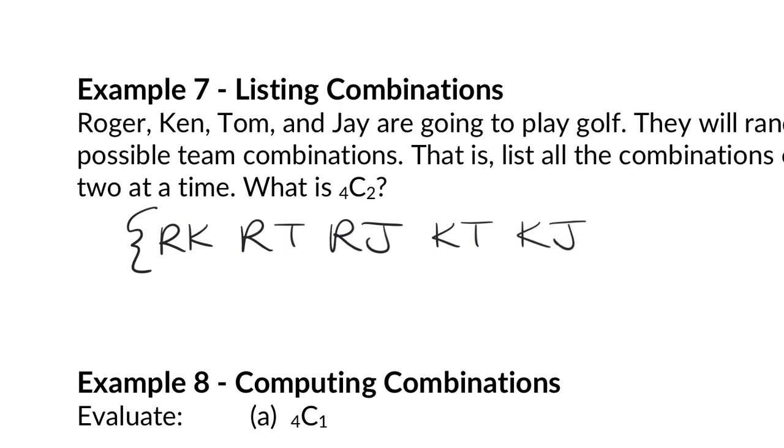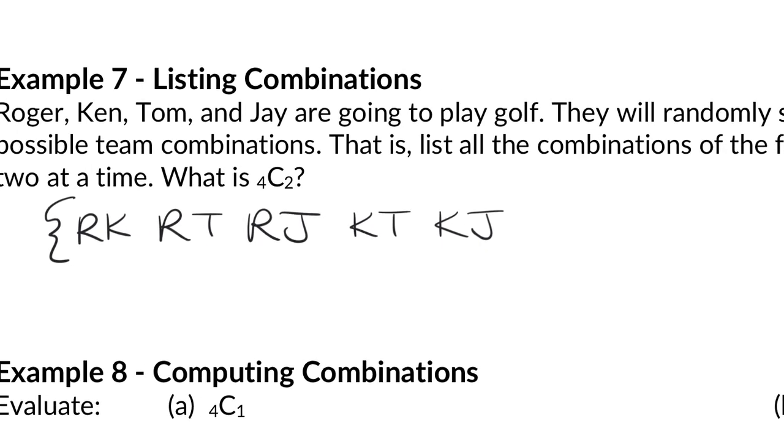Now, why does it not matter that I could put Ken and Roger? Does the order in which I pick this team matter? No, it's not like we're saying who's teeing first, who's teeing second. We're just saying who's paired up together. The order in which I list them doesn't matter, so RJ and JR are not different. They're just a team. So after Ken and Jay, the last combination I can have is Tom and Jay. These are the different combinations of two people out of this list that could play golf.